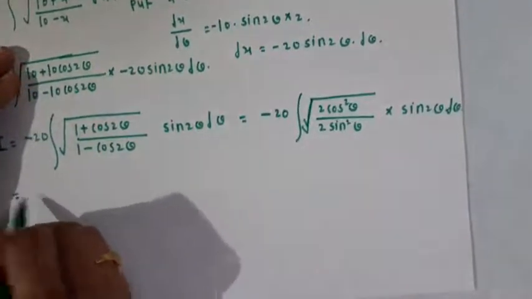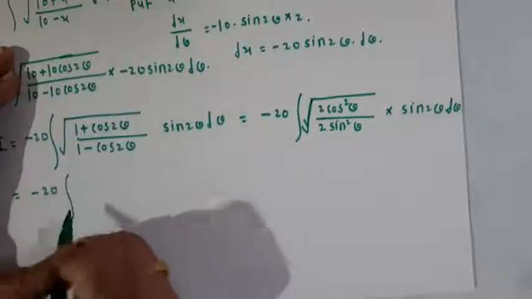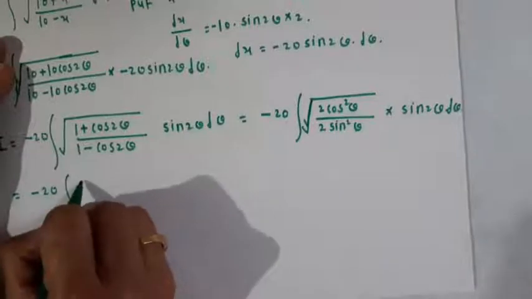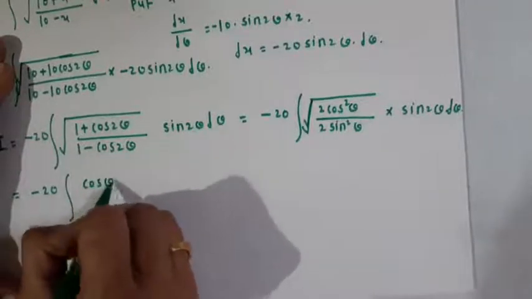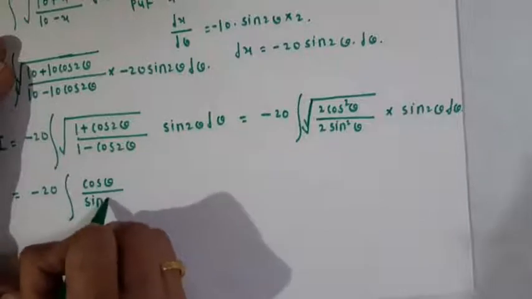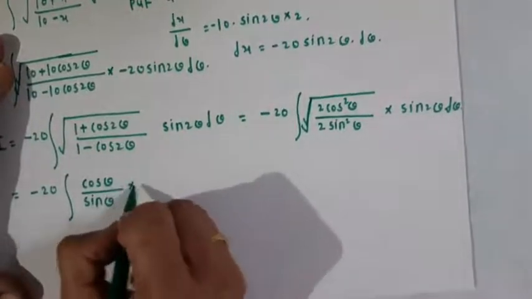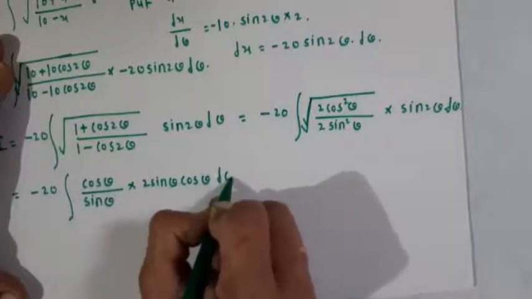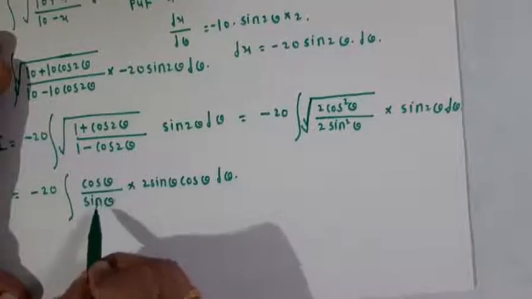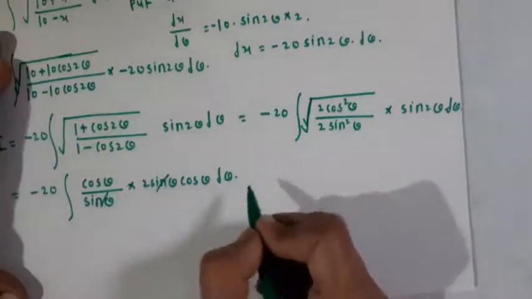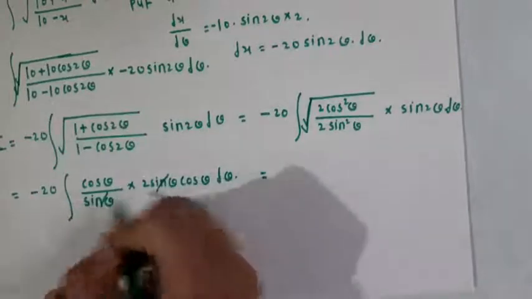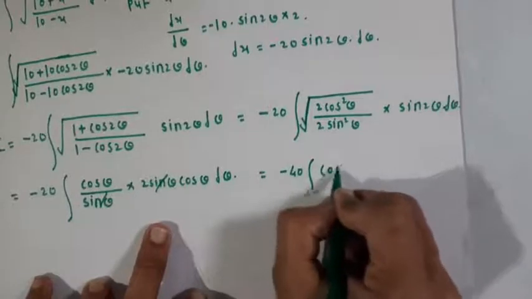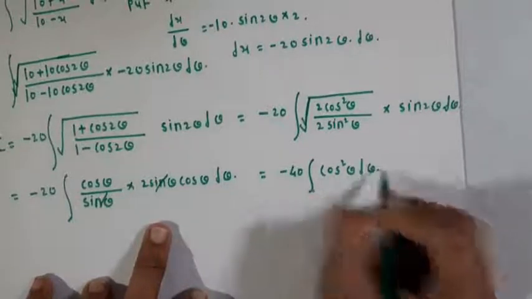Now this is equal to minus 20 integration of, the 2 gets cancelled, cos square theta upon sin square theta, the square root of which is cos theta upon sin theta, and sine of 2 theta is 2 sin theta into cos theta d theta. So sin theta gets cancelled. And now we have 20 into 2, that is minus 40, and cos square theta d theta.